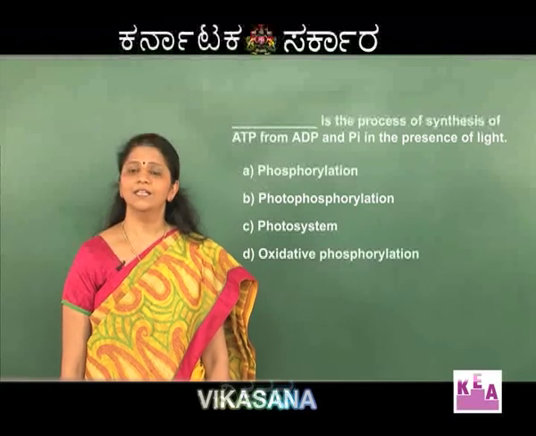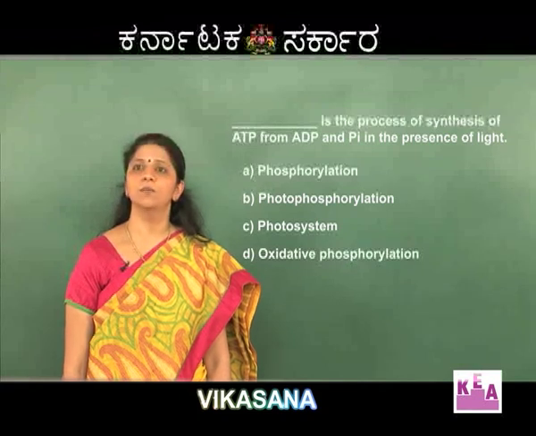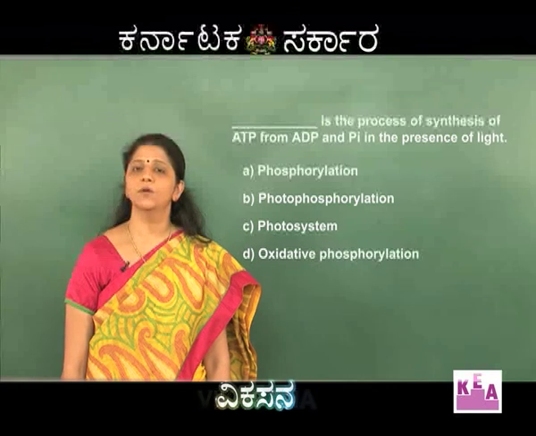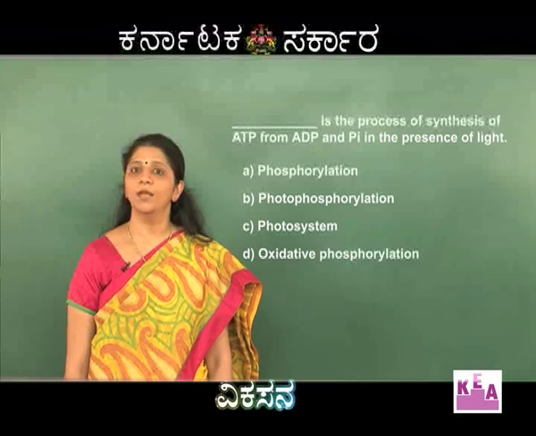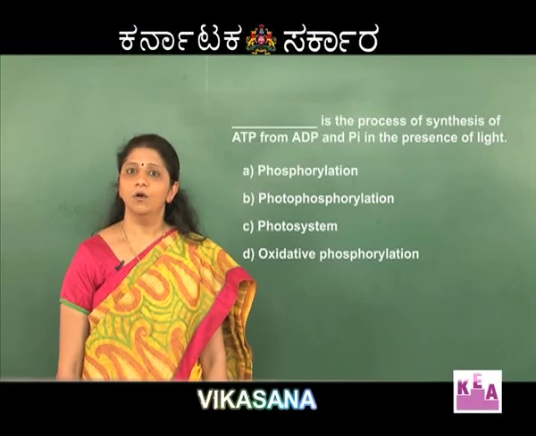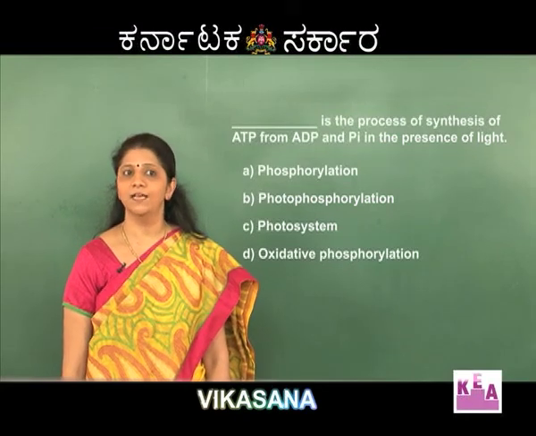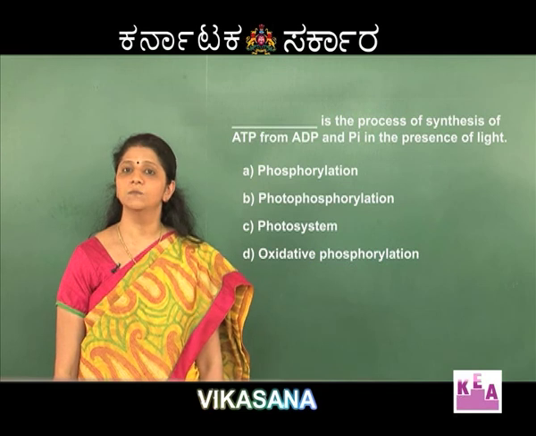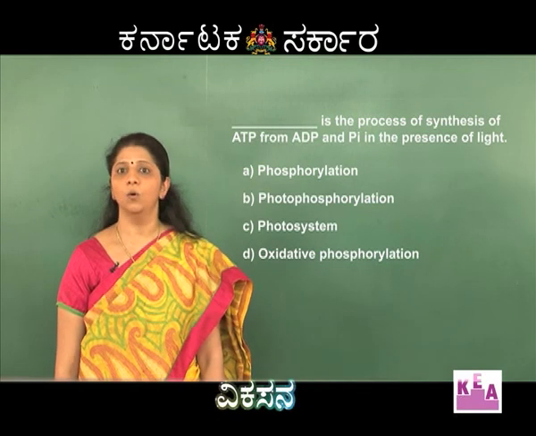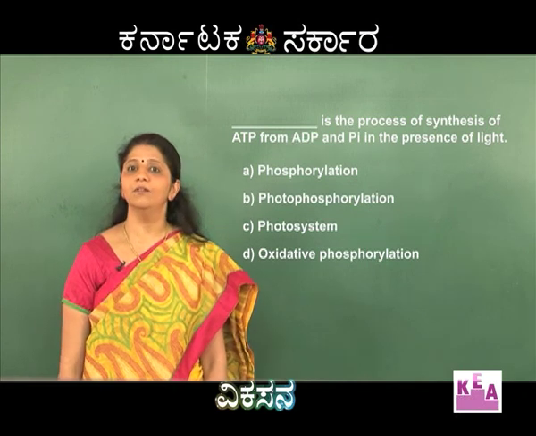Now, what is meant by oxidative phosphorylation? It takes place during cellular respiration. Here also phosphorylation takes place, but the energy comes from the oxidation of reduced coenzymes. Now, what is meant by substrate level phosphorylation?